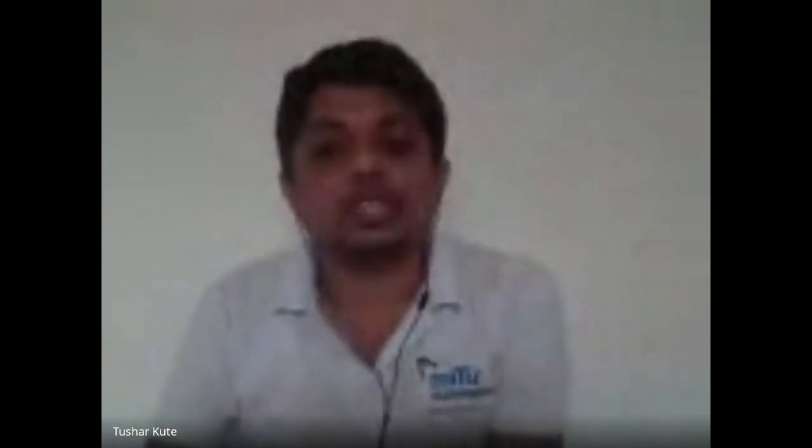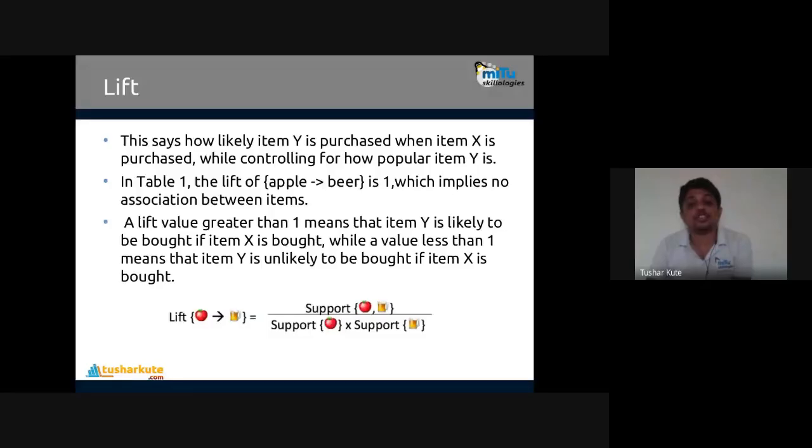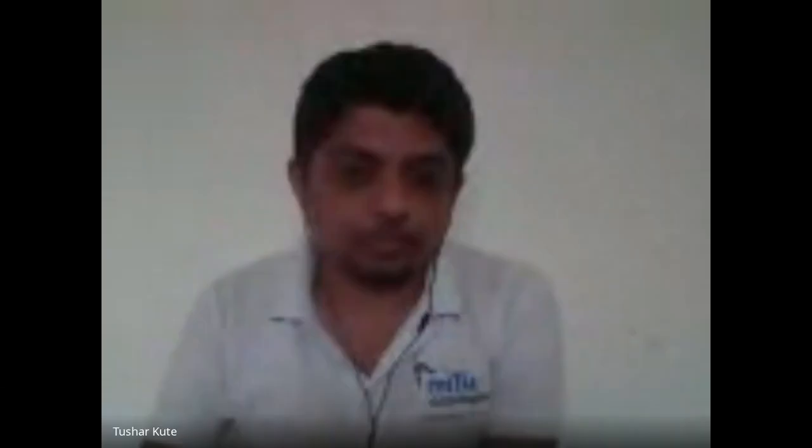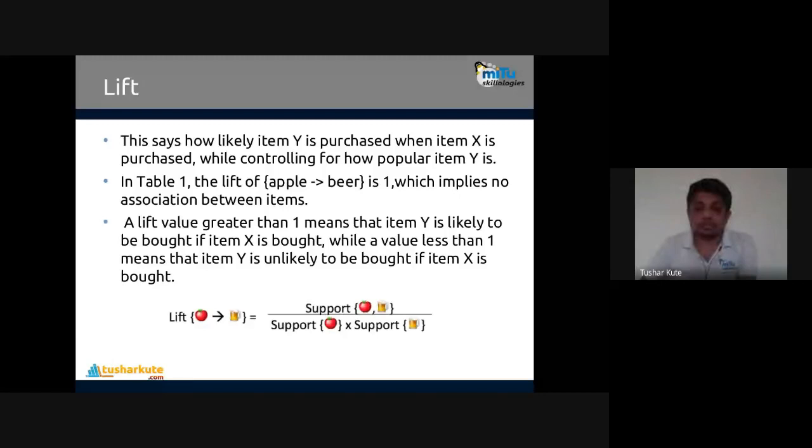And the formula for lift: lift of apple and beer, if apple then beer, is equal to the support of both divided by the support of first into the support of second. So 1 means, when I get the value 1, the support of both and the multiplication of their individual supports are the same. If you get greater than that, then item Y, that is beer, is likely to be bought when item apple is bought.